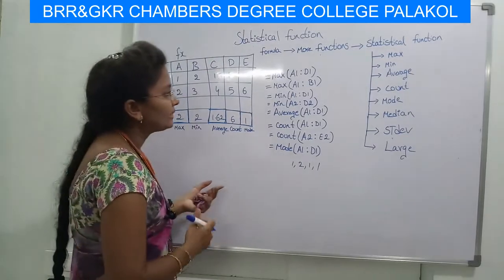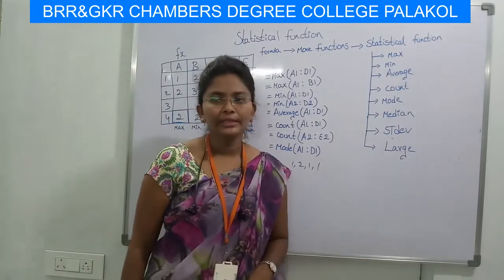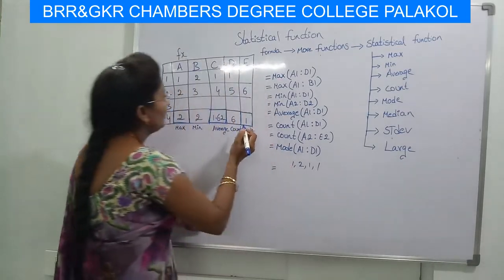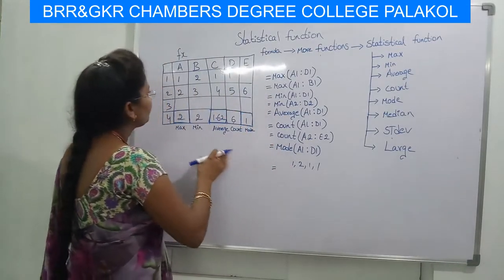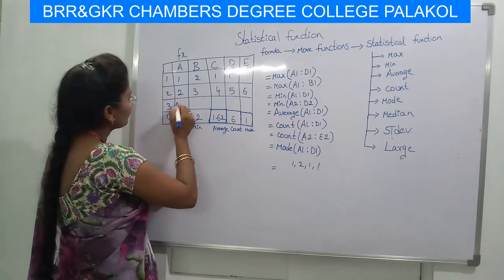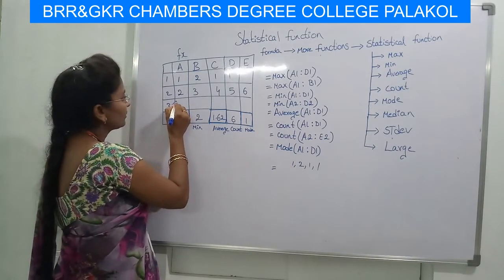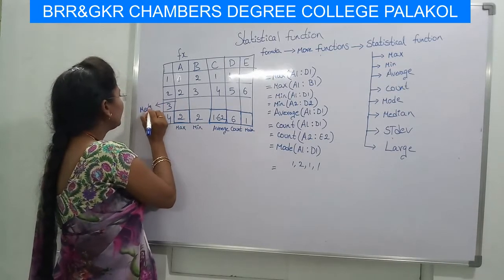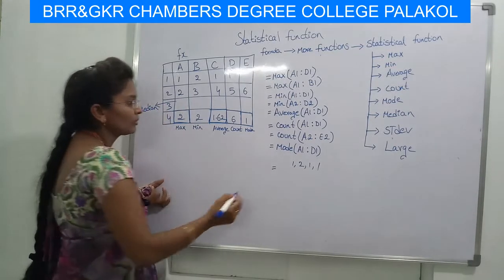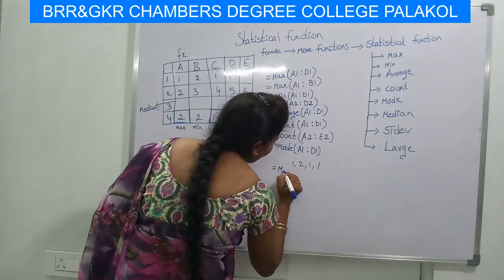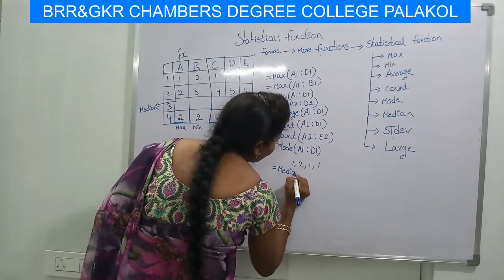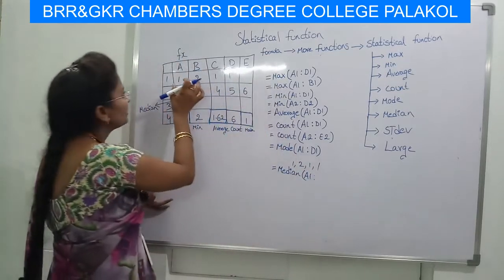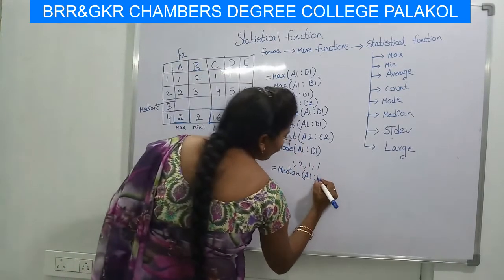And then the next function is the median function. I am selecting the A3 cell, which is for the median result, and then writing the formula median. Here I am taking the same data from A1 to D1.